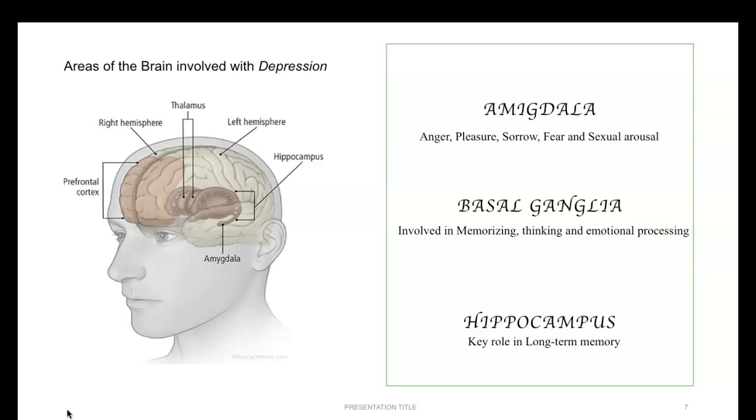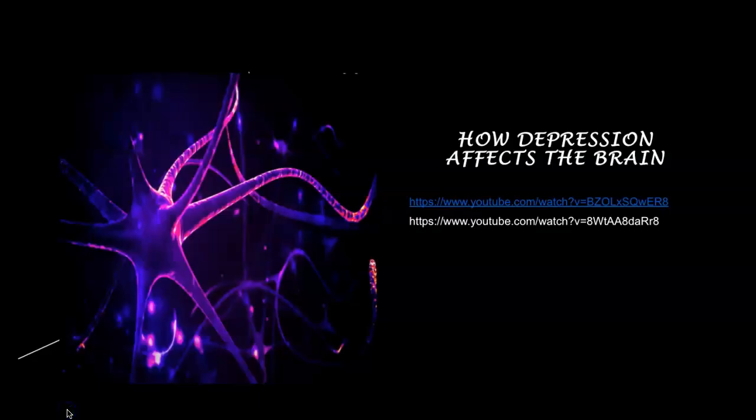Problems in the thalamus may be linked to bipolar disorder, and changes to this part of the brain also mess with key hormones such as serotonin, which regulates sleep and mood, and norepinephrine, which affects motivation. Further description of how depression affects the brain is discussed in the two links below for further reference.